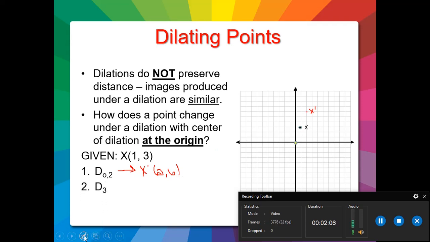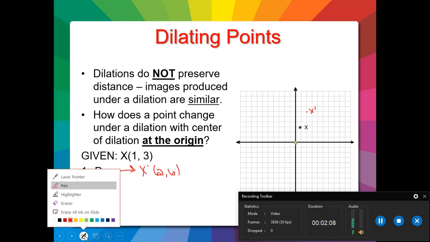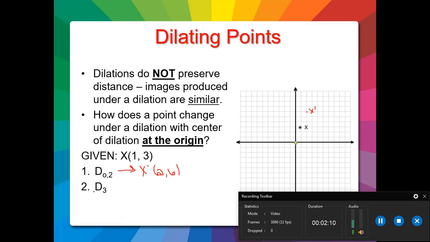We're going to go back to point X, and now we want to dilate it by a scale factor of 3. Notice they didn't put O for origin. It's assumed when no point is given that you are dilating it about the origin. So we're just going to keep going with our pattern. If I build off of X prime, I'm going to rise 3 and run 1. And this is the location of X double prime.